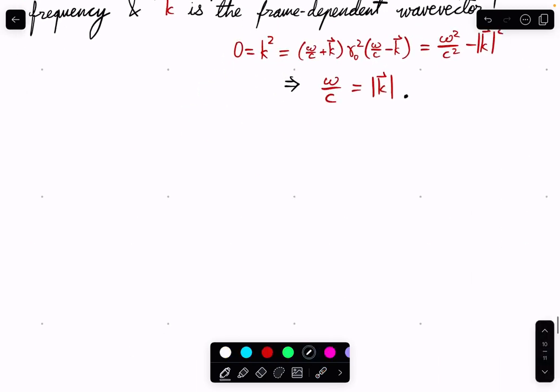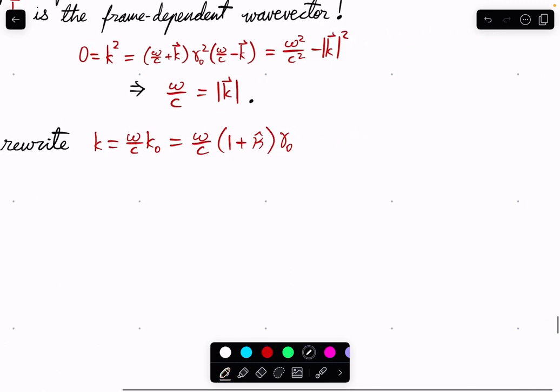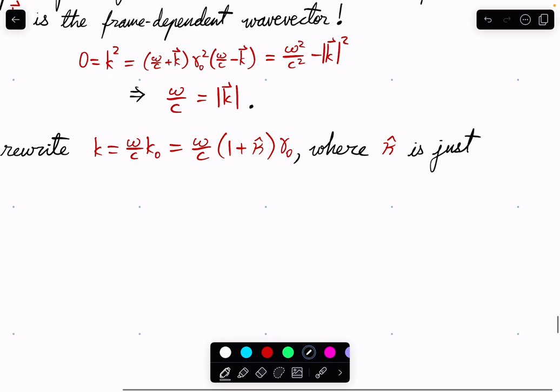We can also rewrite k by pulling out this factor here and calling it k naught, which would be the same as having 1 plus kappa unit vector, gamma naught.